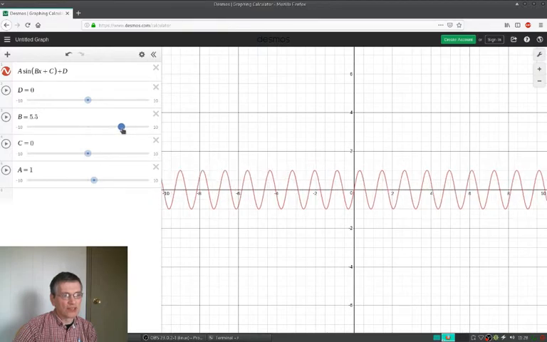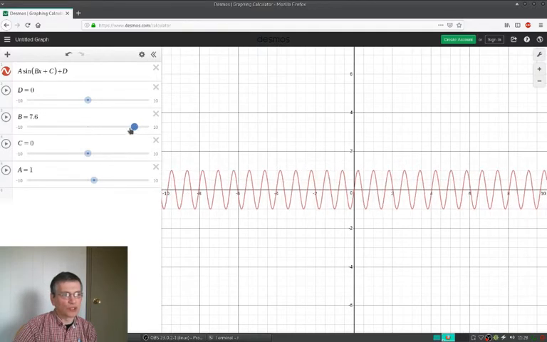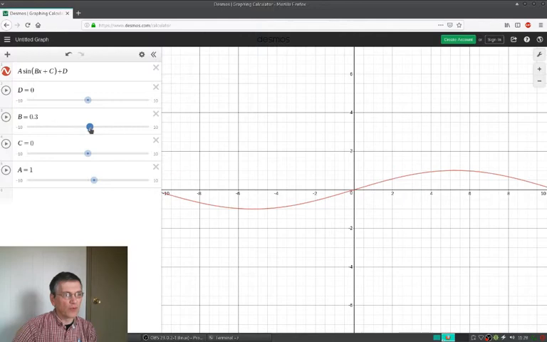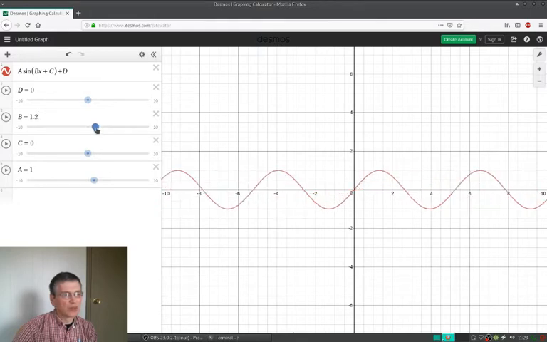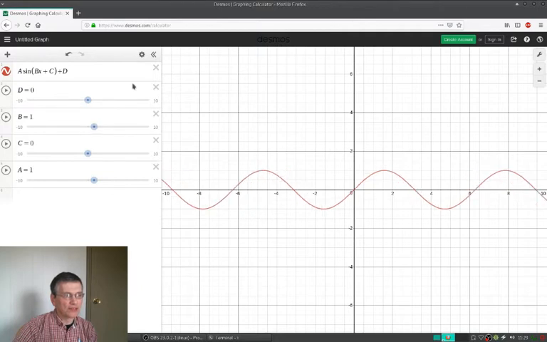As B gets larger and larger, it gets more and more squished. If we go the other way from 1, oops, we stretch it out. I don't want to go negative. Then we just end up flipping over. Alright, so we get the period stretched out that way. Back to 1, motor skills.